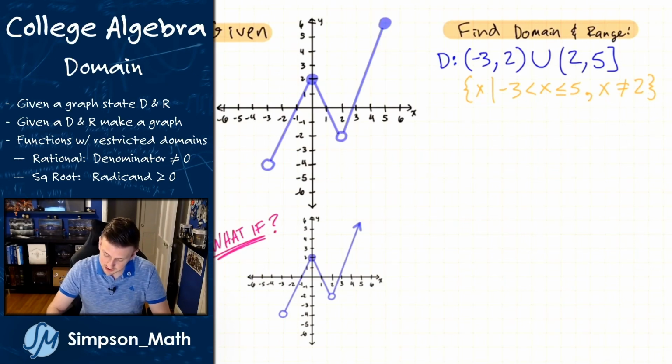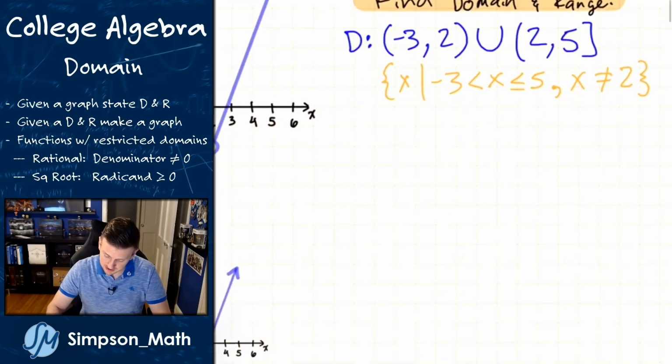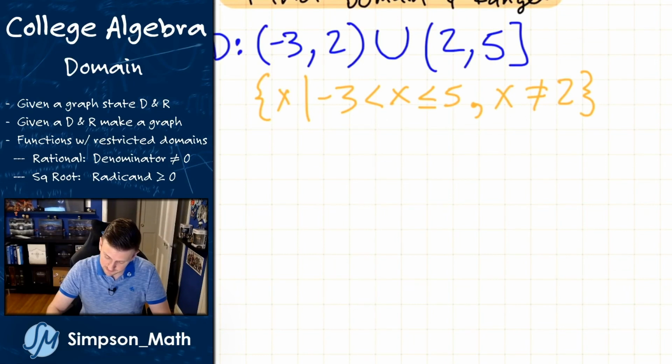Another way to do this, I'm just going to lightly write this domain here as well. I could have said it's a set of x's such that, and just like we did with the interval notation, make two inequalities. -3 is less than x, which is less than 2, comma, 2 is less than x, which is less than or equal to 5.